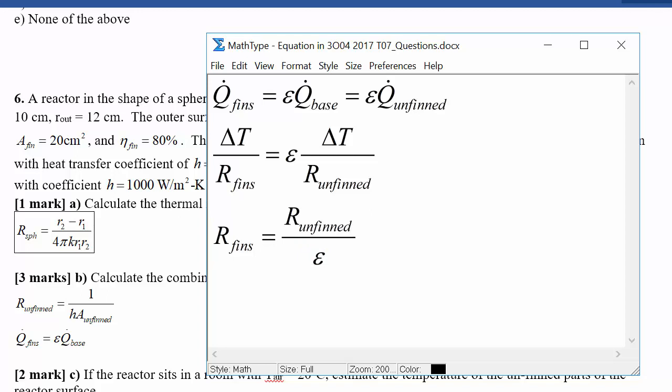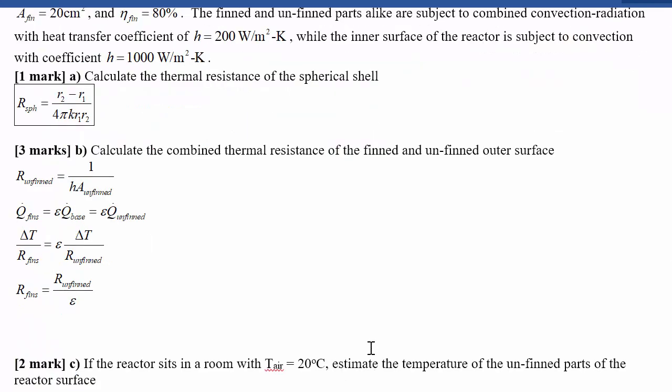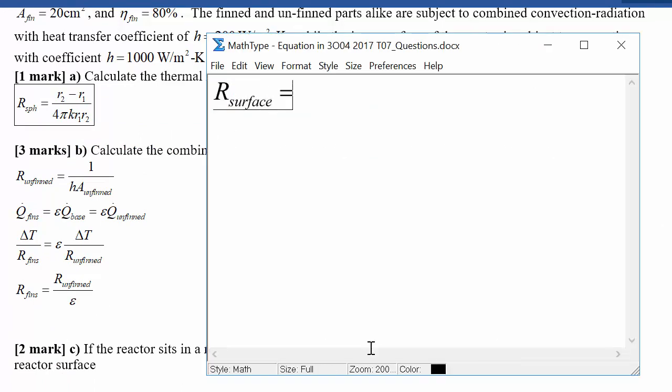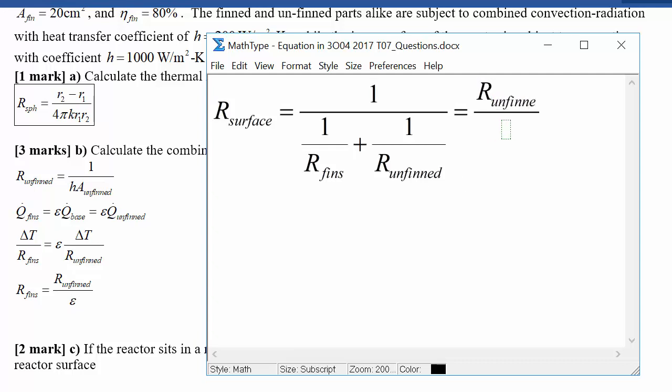divided by the effectiveness. Okay, and then if we're going to be taking the finned and the unfinned parts in parallel, the total resistance of the surface would be equal to 1 over R fins plus 1 over R unfinned, which is equal to 1 over, substituting in that the finned resistance is the unfinned resistance divided by epsilon, we're going to have this is just the unfinned resistance over epsilon plus 1.